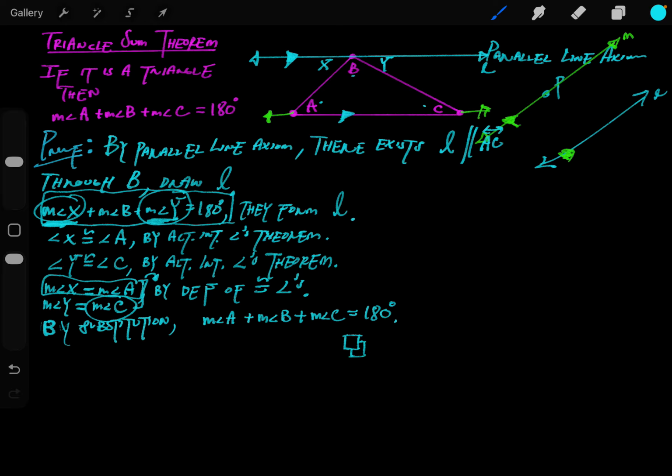And I've ended with my conclusion. I ended with this last statement, showing that for any triangle, the sum of these angles is 180 degrees.